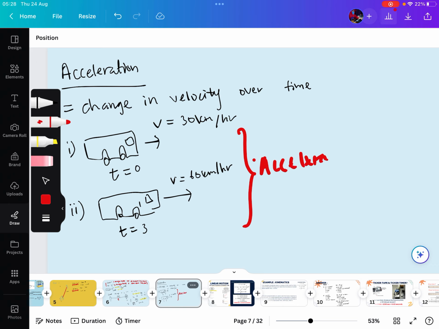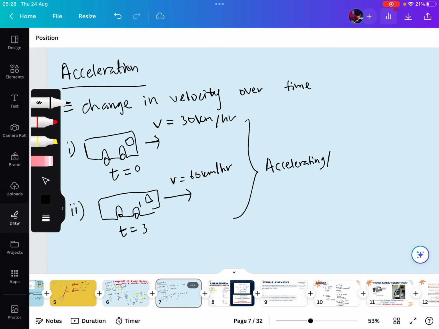So accelerating is basically getting faster. I guess you already know what accelerate means.